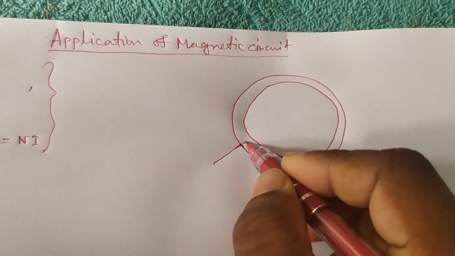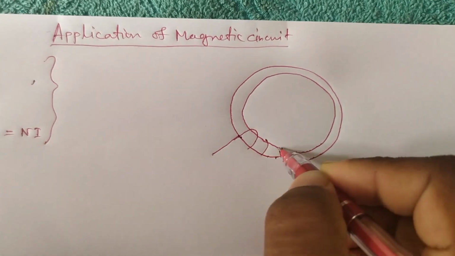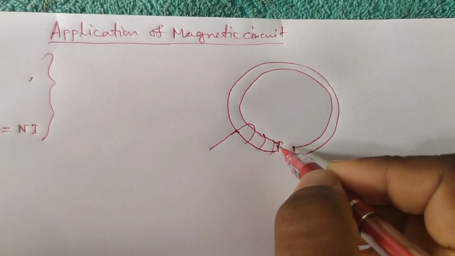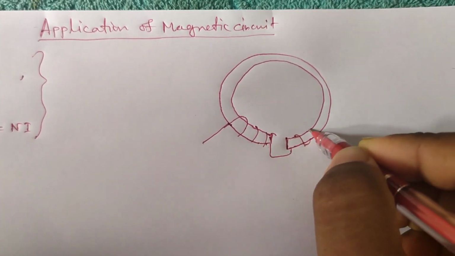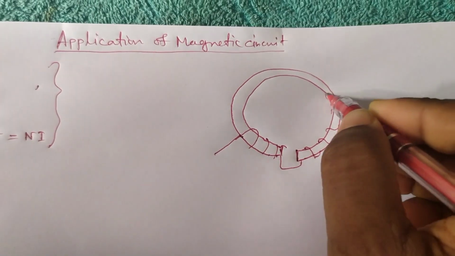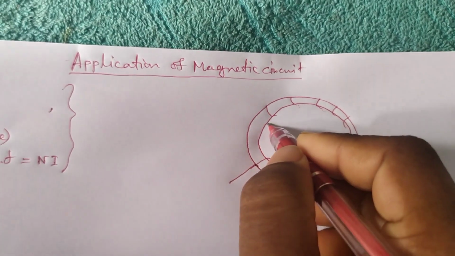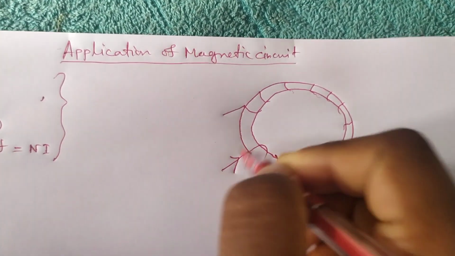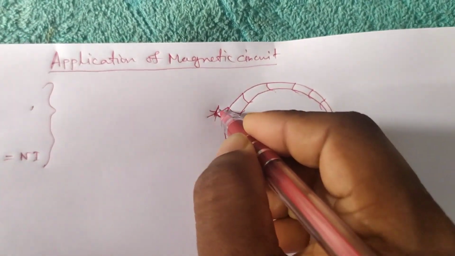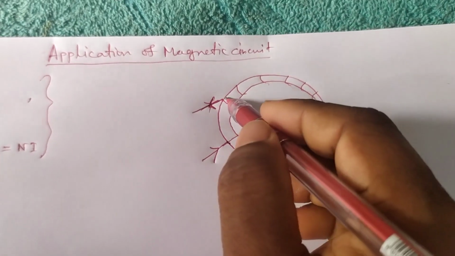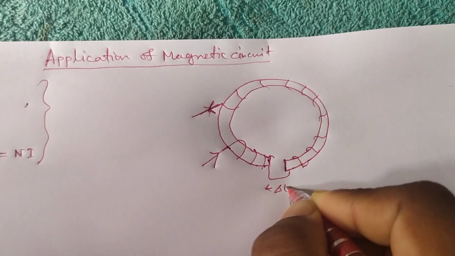And this is the electrical wire, with current moving in and coming out. Delta L is the air gap.